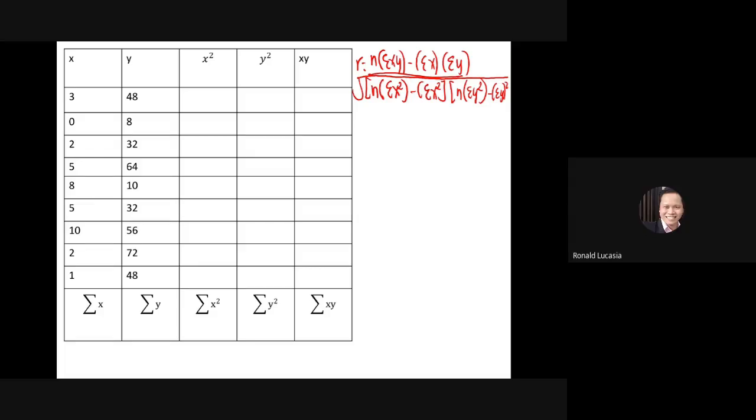Sige. I understand that you're having a hard time with the formula. You simplify first the numerator, and then you simplify this one. You simplify this. After that, you multiply, and then you get the square root before you divide it in the numerator. Sir, subtract then. What do you subtract?